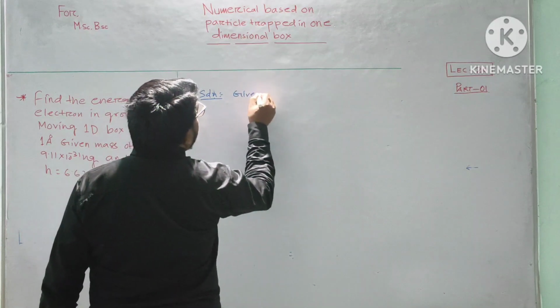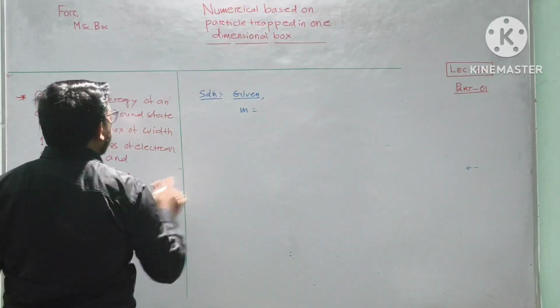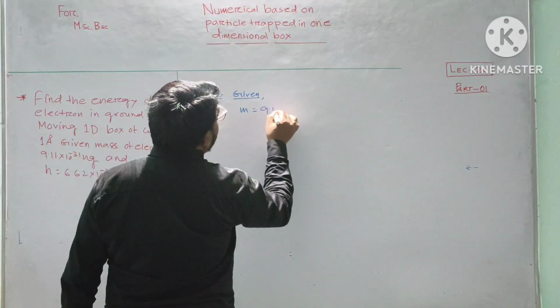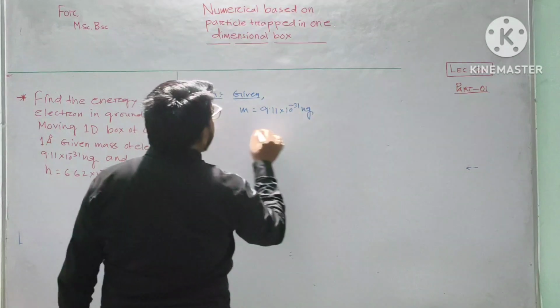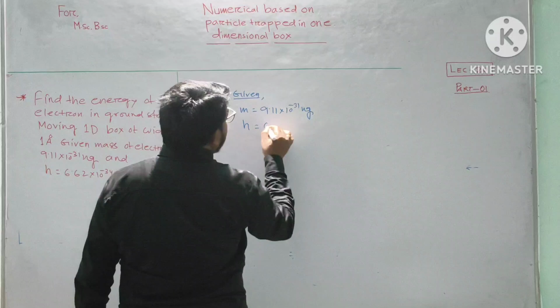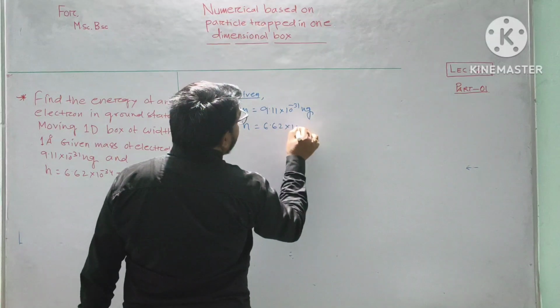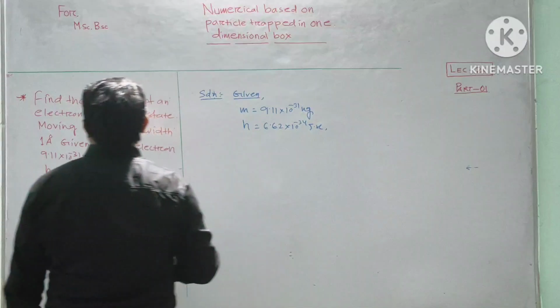Given: particle is electron, so mass is 9.11 into 10 to the power minus 31 kg. Planck constant is 6.62 into 10 to the power minus 34 joule second.